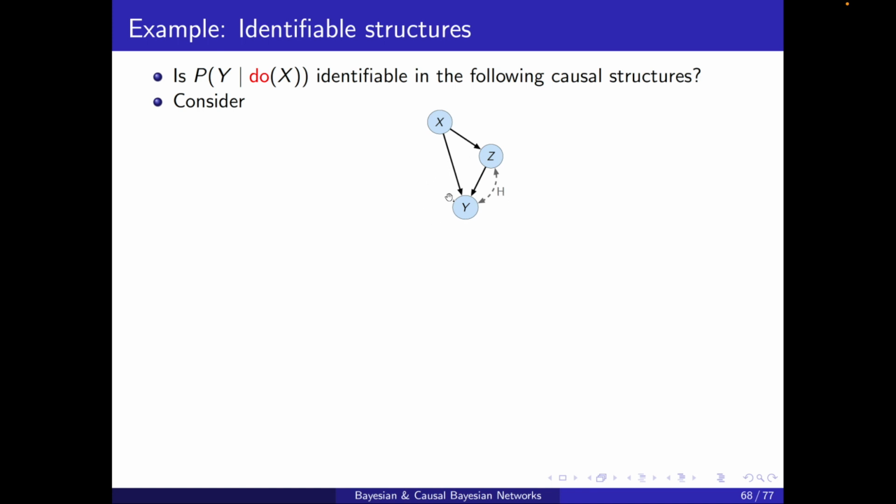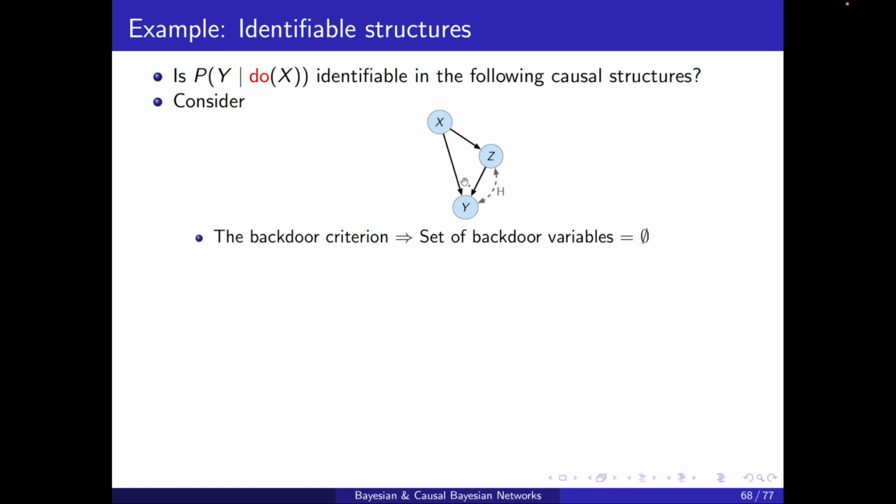We have a structure, and the question is: is P of y condition on do of x identifiable in the following causal structures? So here x is causing both z and y, and I have the confounding variable h. In this situation, I can use the backdoor. The set of backdoor variables is empty.